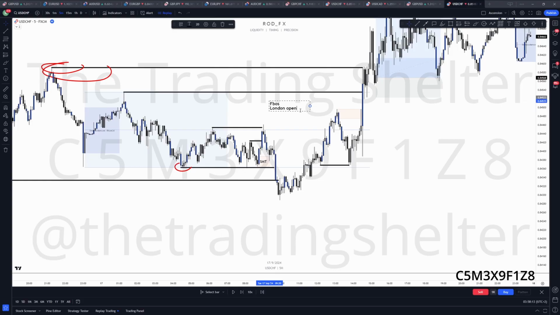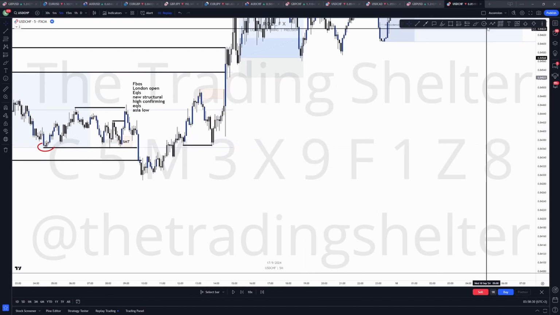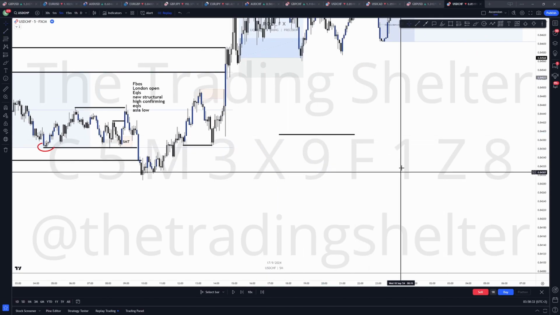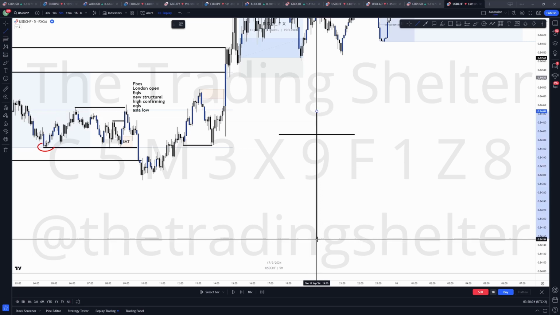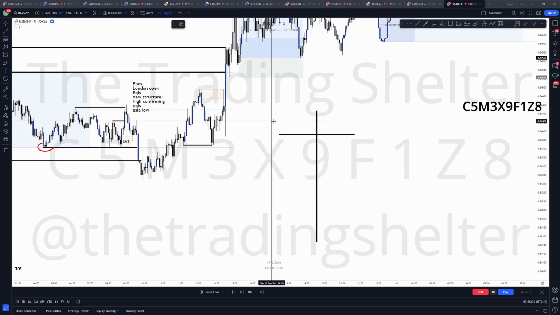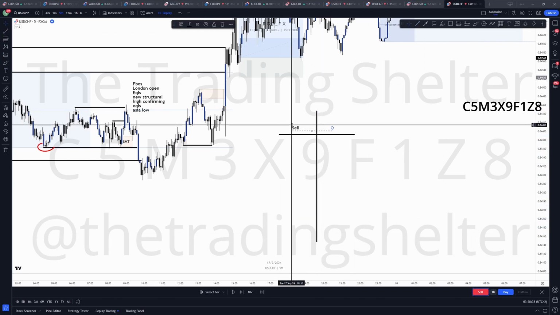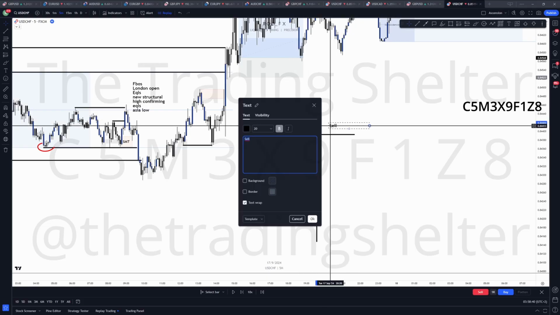What do we have? Clear equal lows. What do we have? New structural high confirming equal lows. What do we also have? Asia low. So when you put, let's say you have here and you have this, and you have L and you have buy.